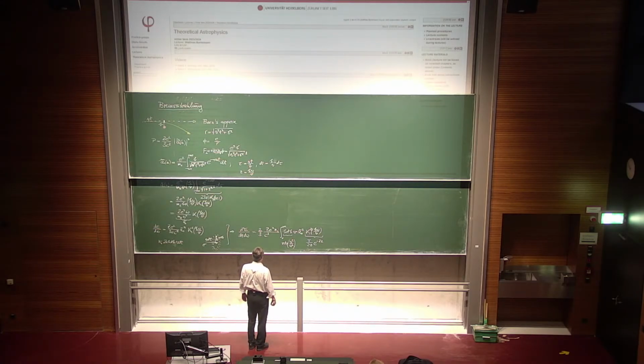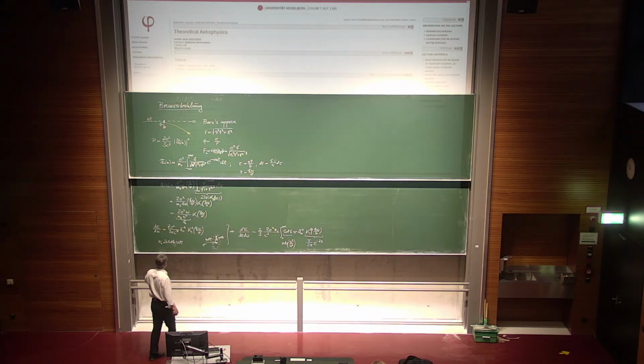Aha. But now I have to write this out, right? Now I have to write the A0 tilde square out, because in the A0 tilde there's a v square appearing that we now have to take explicitly into account.